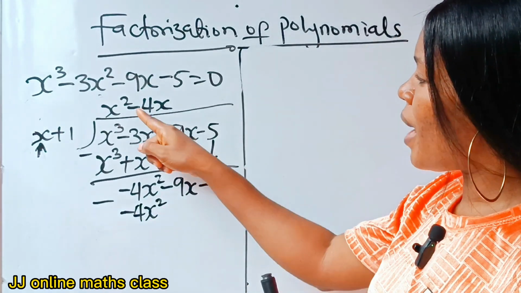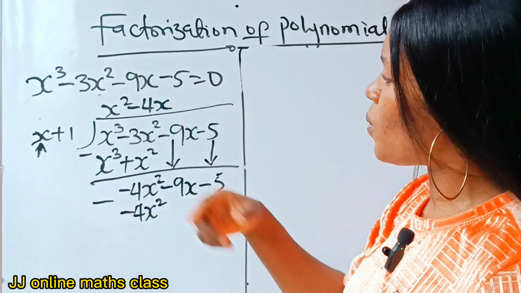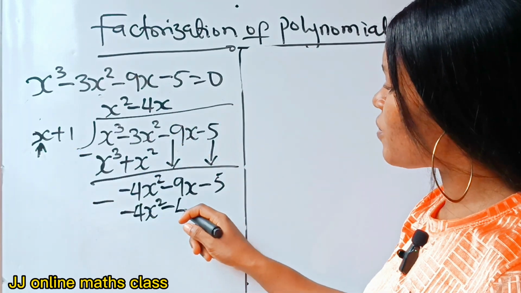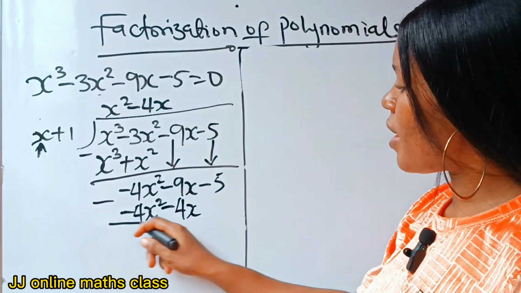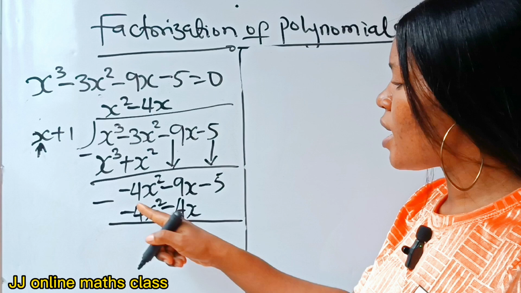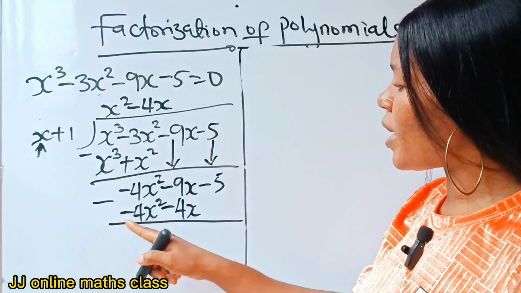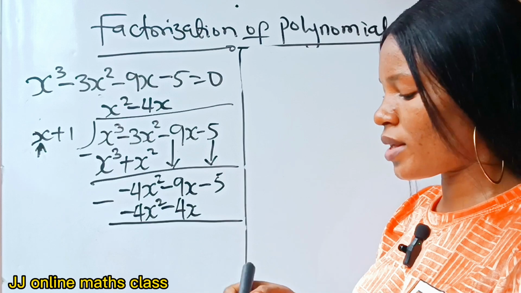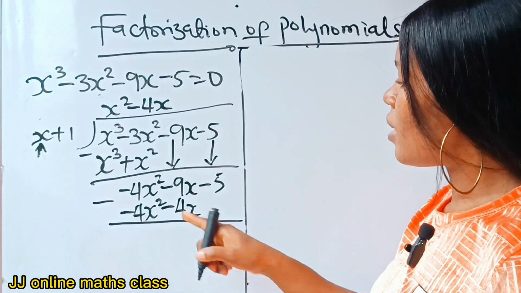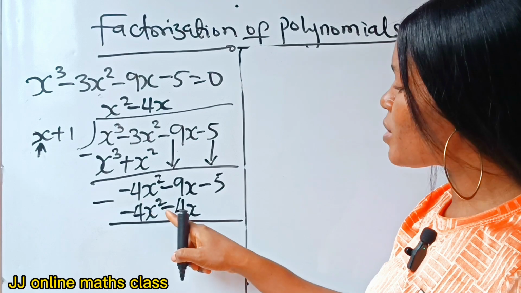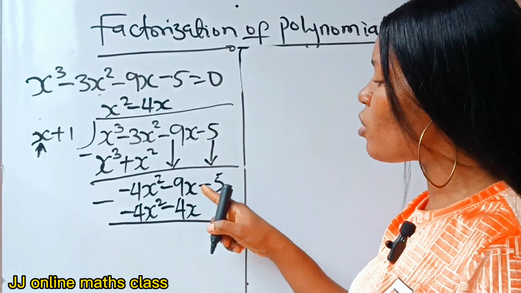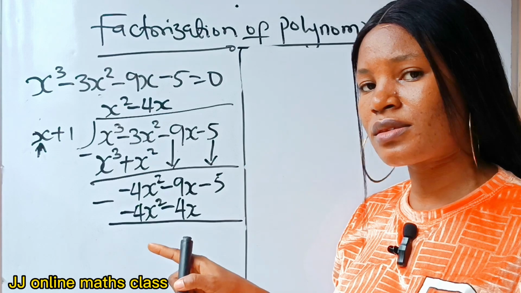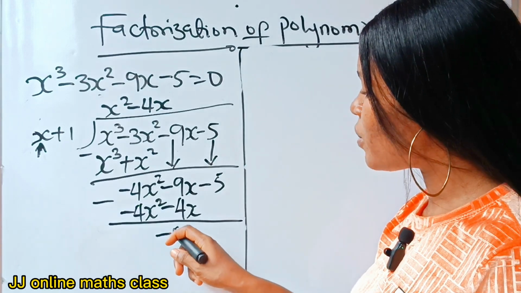All right. Minus 4x times plus 1 will give us minus 4x. All right. We subtract. Now, minus 4x squared minus 4x squared is 0. Now, minus 9x minus 4x is the same thing as minus 9x plus 4x, right? And that will give us minus 5x.